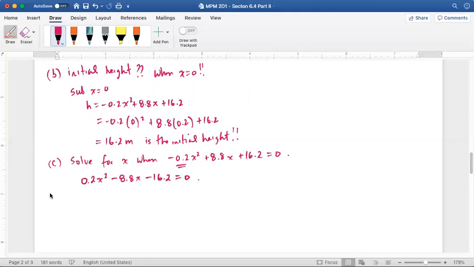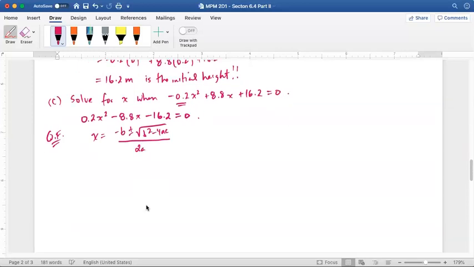And we're going to solve using the quadratic formula. That's the only way to find the roots for something like this. It's going to be a bit of a mess to try and factor this. I don't think it's factorable. In fact, I'm almost positive it's not factorable. Remember that the quadratic formula is negative b plus or minus the square root of b squared minus 4ac, all over 2a.